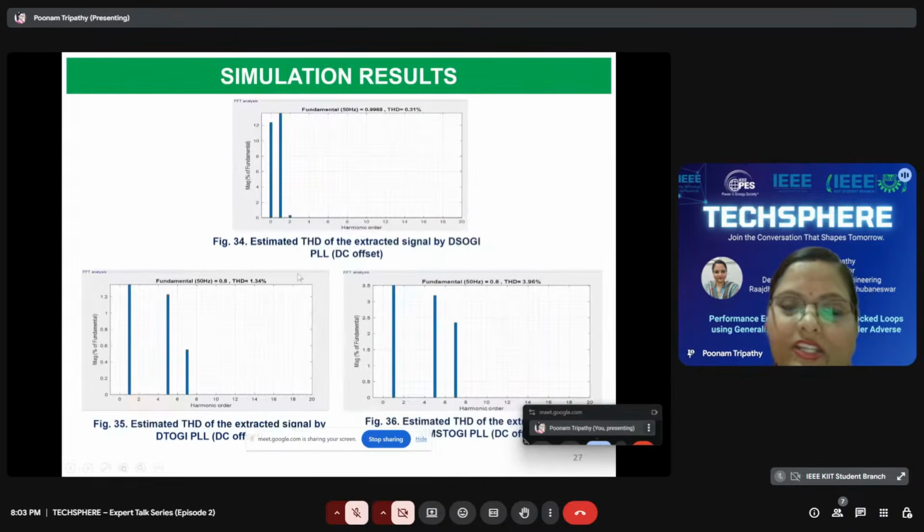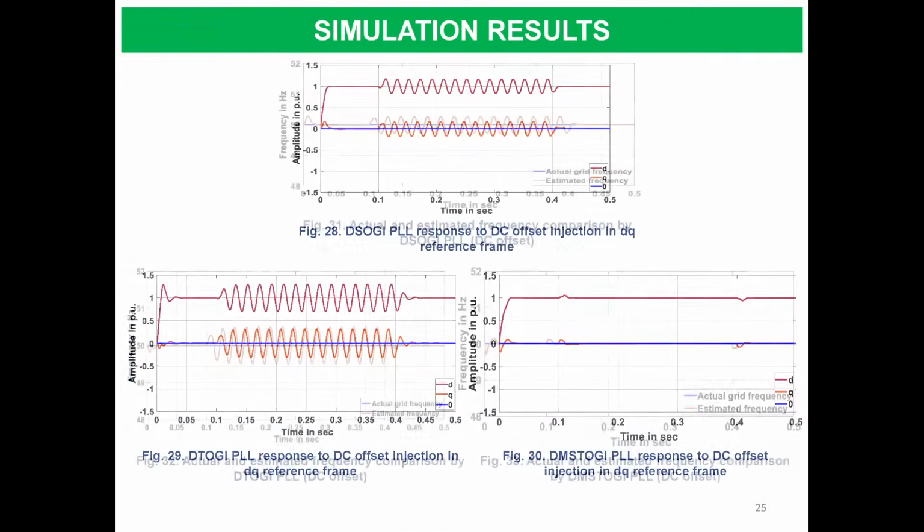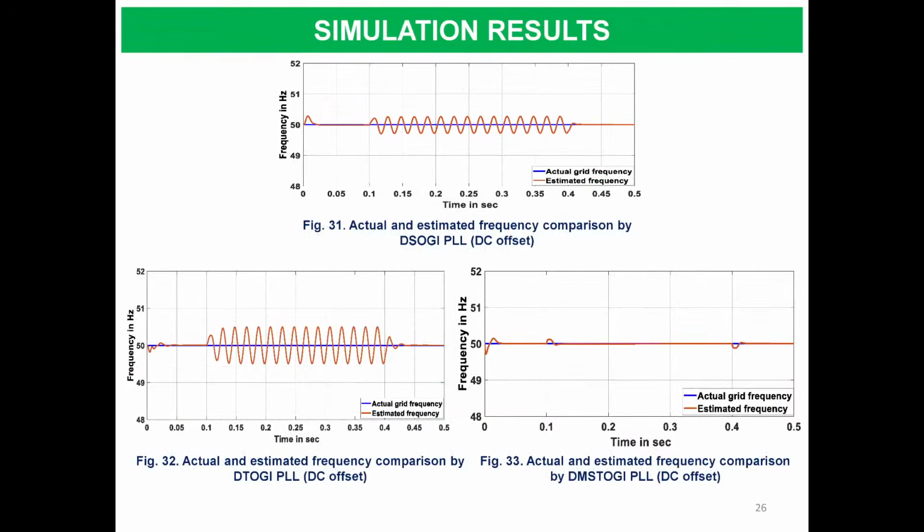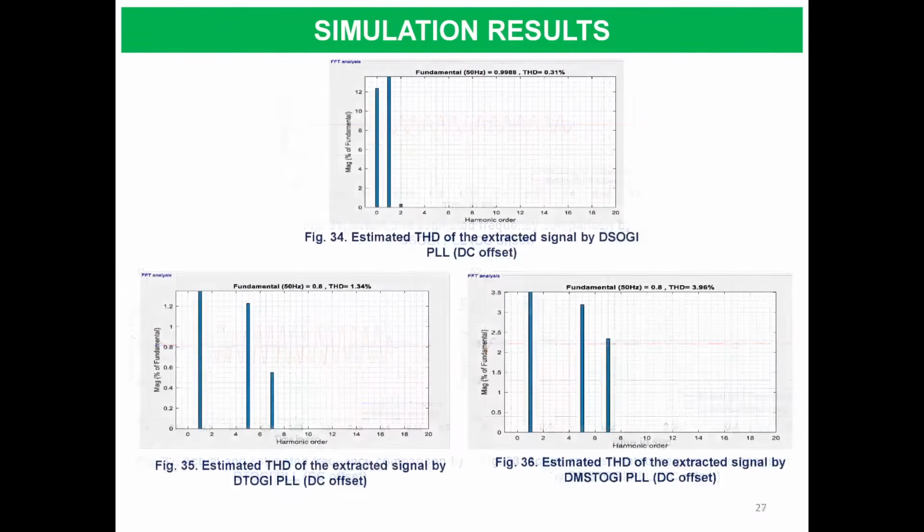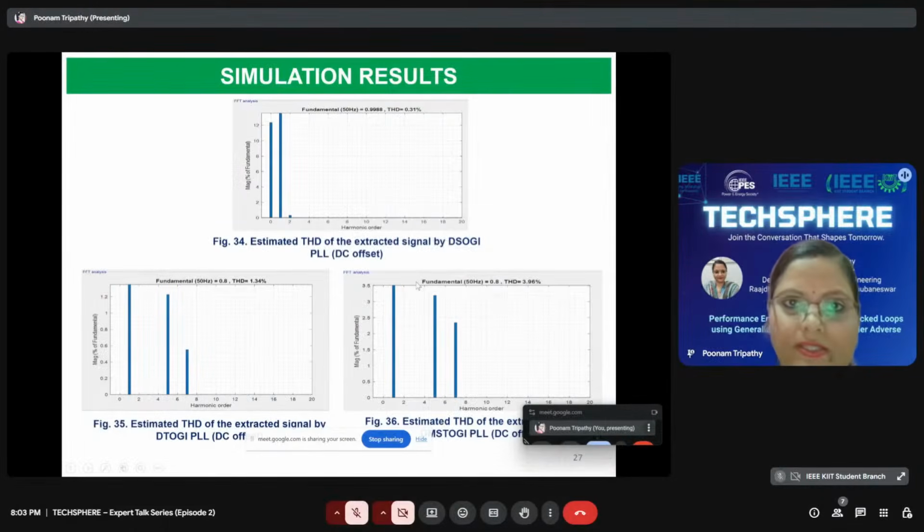So these are the simulation responses. Though we do not require any THD analysis in order to determine the performance evaluation considering the DC offset test case, still it has been carried out, and it was observed that all of them have a THD content well within the IEEE standard limit, that is less than or equal to 5%.